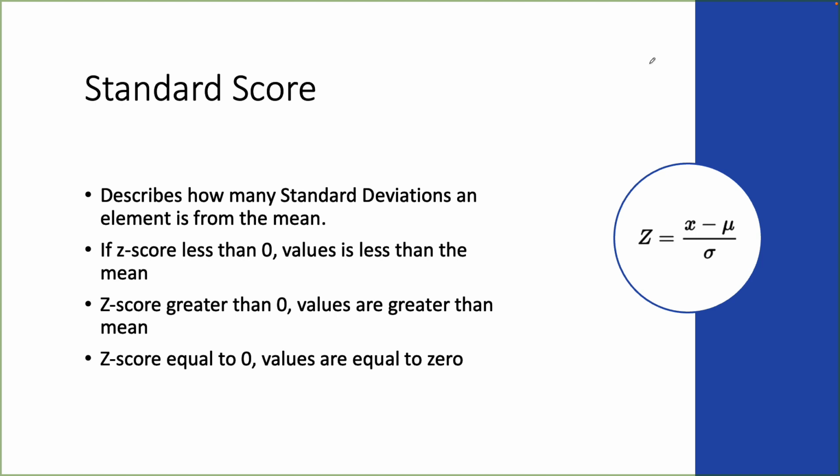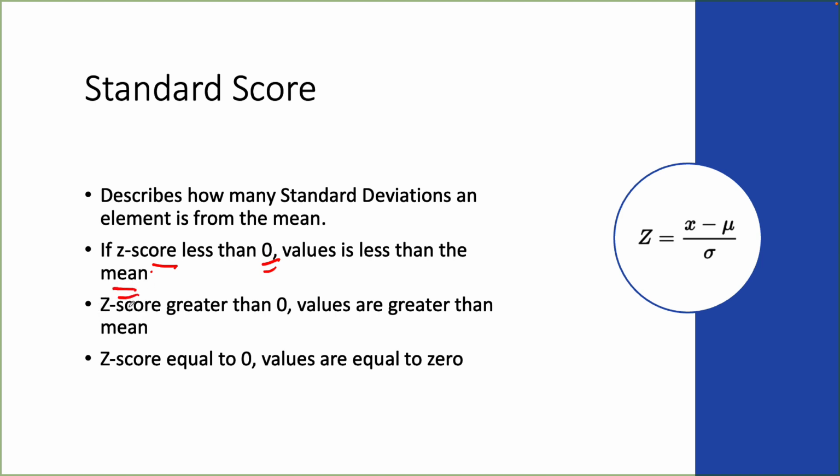Now moving on, the next measure of position that we have is the standard score. This is one of the very important measures of position. It describes how many standard deviations an element is from the given mean. If the z score of a particular element is less than 0, then that element's value is less than the mean.